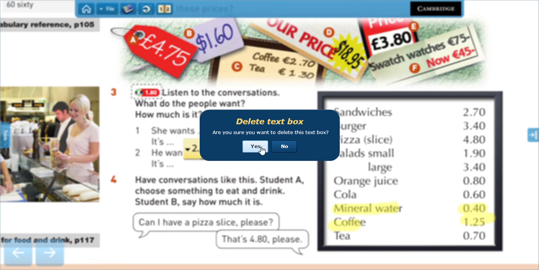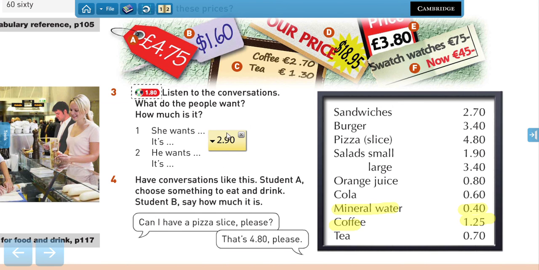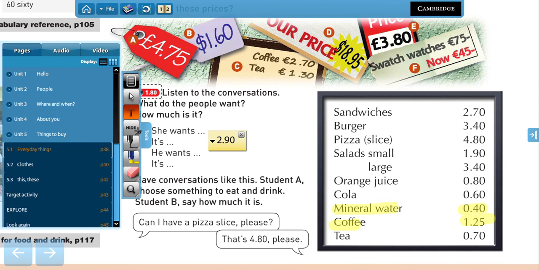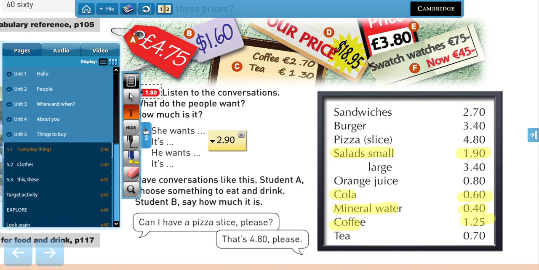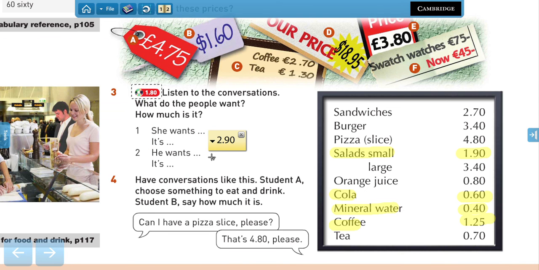And then we have the man, the second man. He asked for a small salad, 1.90, right? And a cola, which is 60 cents. What's the price of that? That is 2.50. Very good.